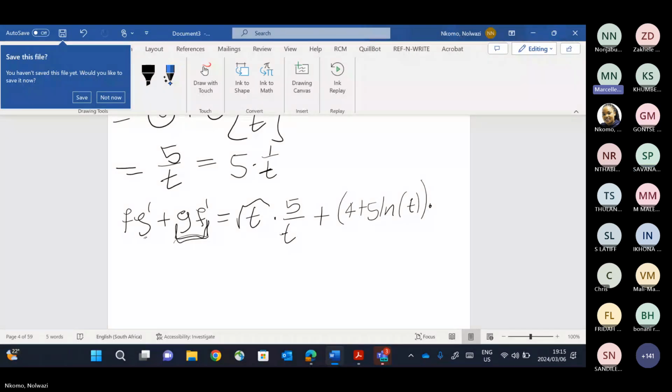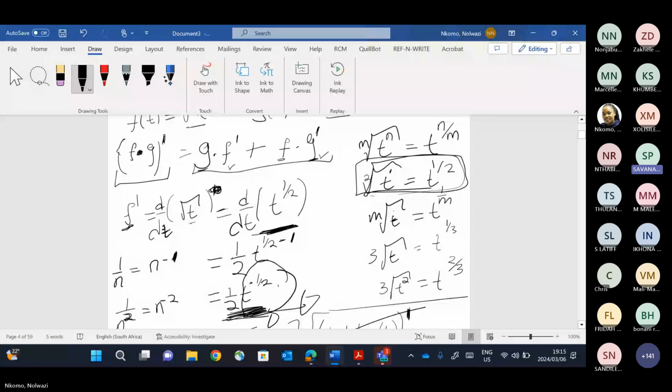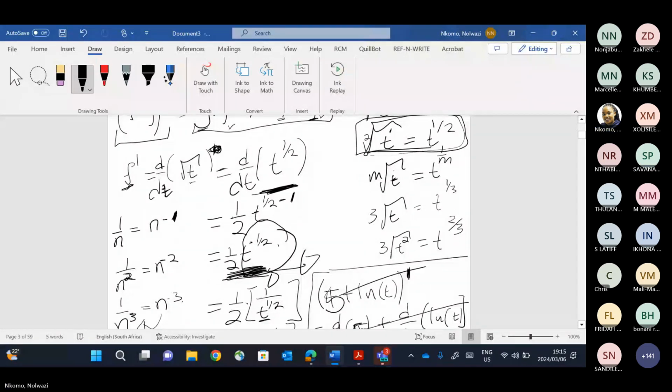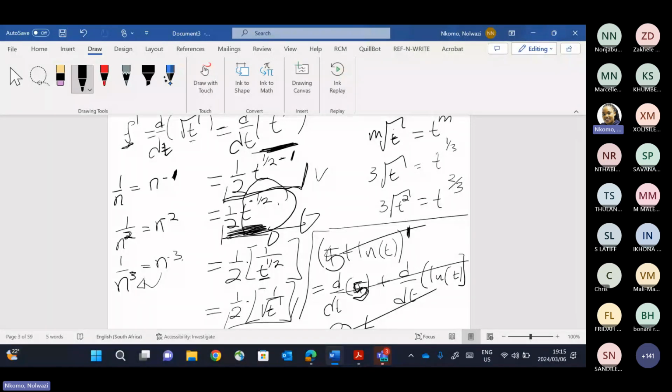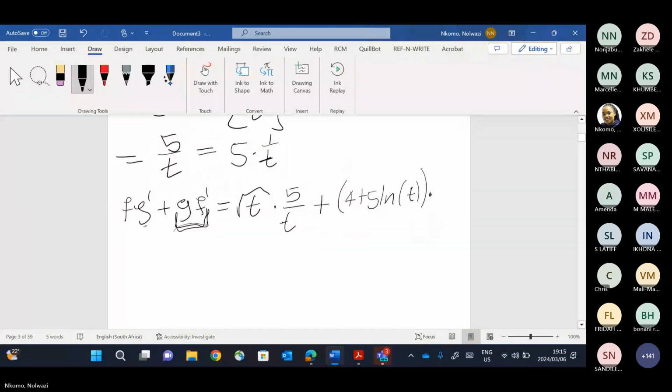We said f prime is, we can leave it here as half times t to the power minus half.